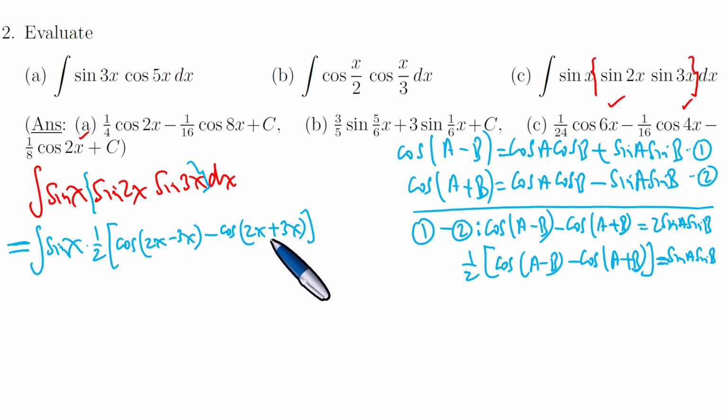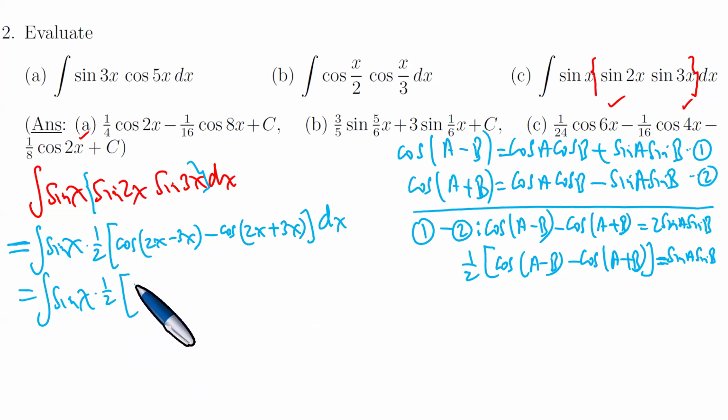And then you put a dx here. So that you have the sine of x, 1/2. And then here it's 2x minus 3x, which is minus x, the cosine of 5x.